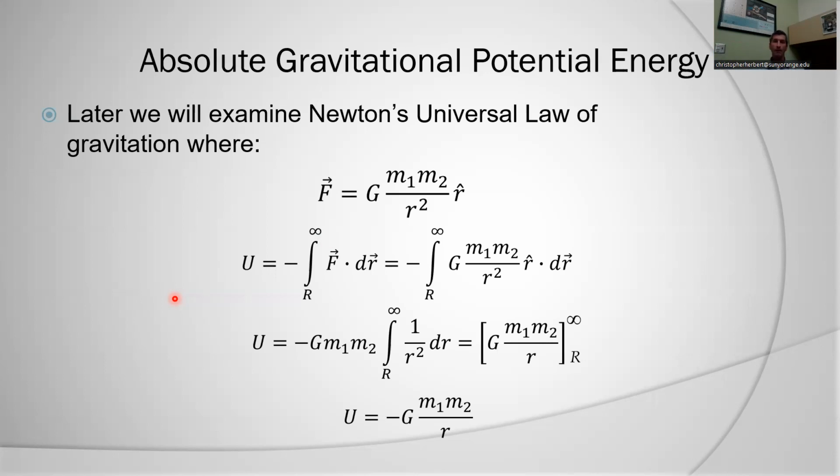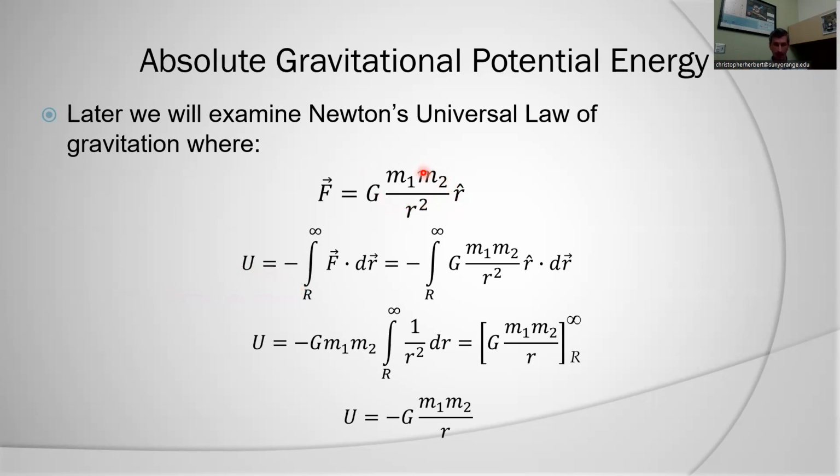So oftentimes for attractive forces, be it gravity, which is always attractive, or for electrostatic forces where I have a positive and negative charge, that potential is going to be negative. And later on, we'll talk about potential wells, and we've got to climb out of the well to free the particles. So again, U is negative because it just represents the opposite of how much work I need to do to free them.